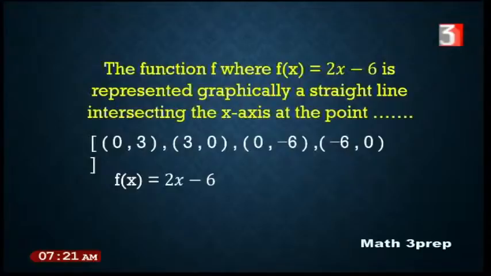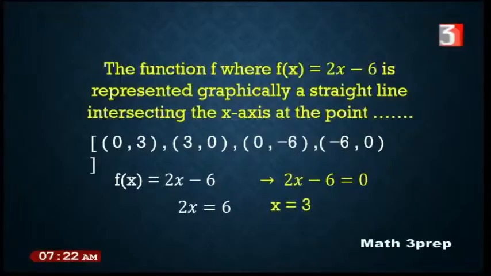As this line intersects the x-axis, the value of y equals 0. It means that f of x is 0. Then 2x minus 6 equals 0, then 2x equals 6, and finally we find the value of x as 3. So the value of x is 3 and the value of y is 0. It is represented by the point (3, 0), which is the second choice.